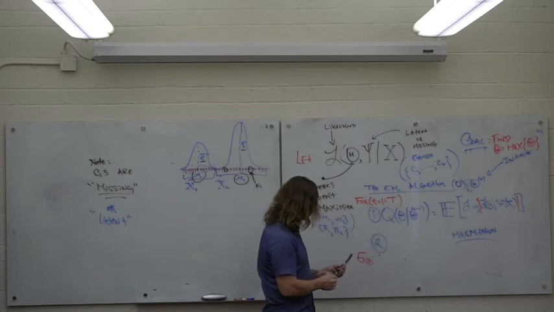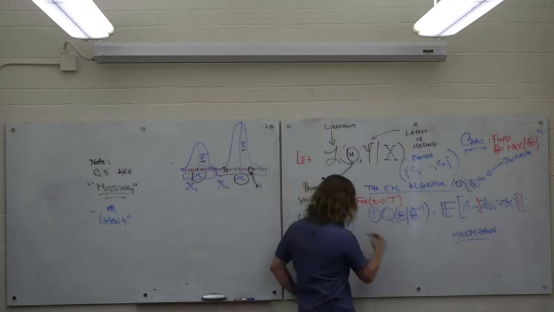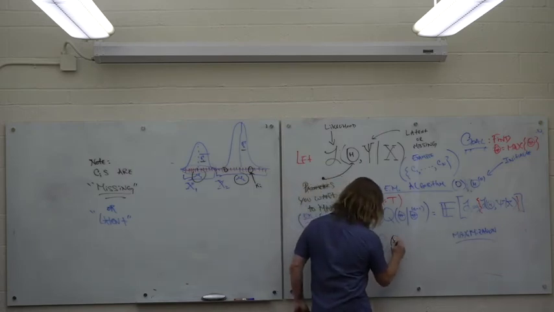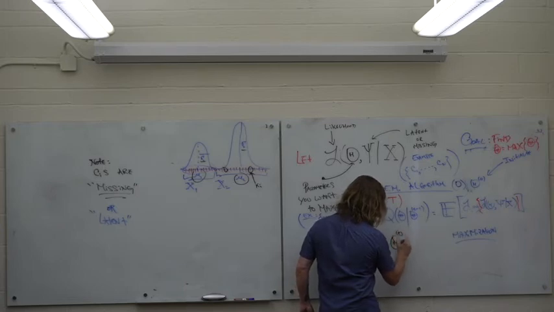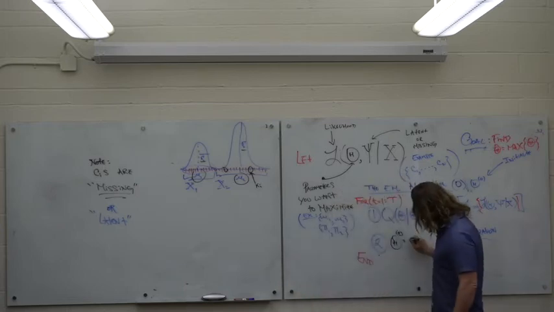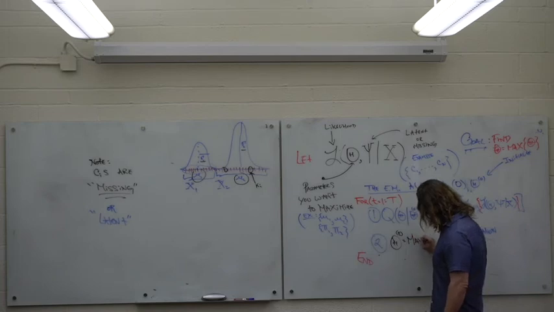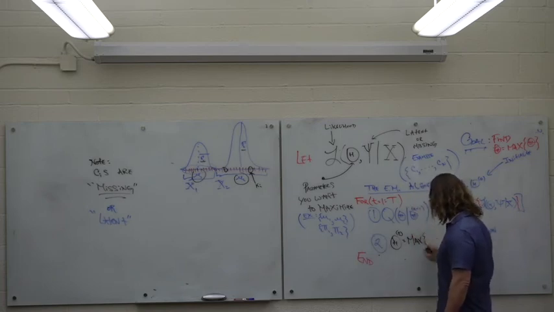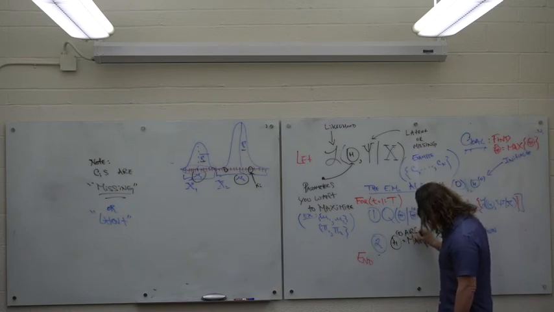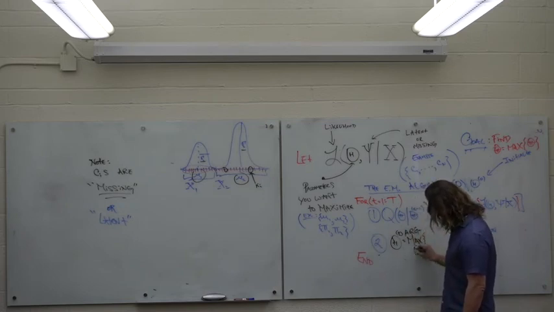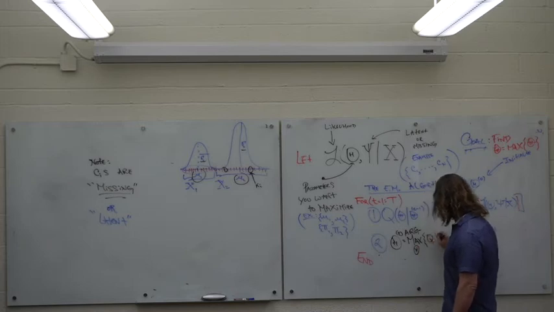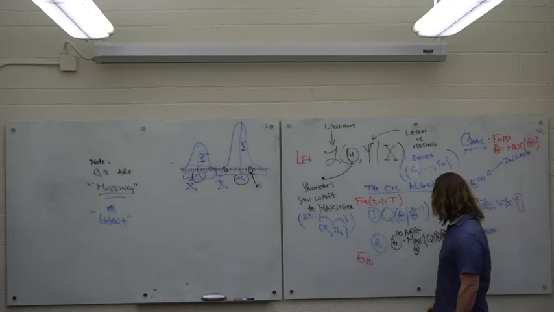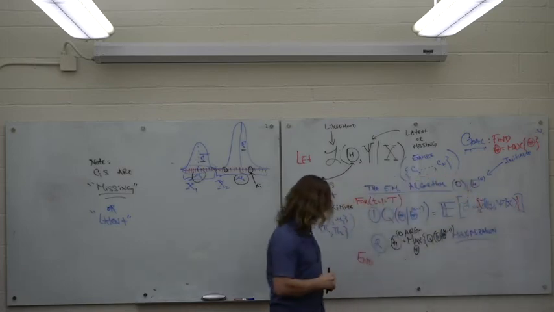But here's how the algorithm continues. It updates theta t by finding the maximum, I'll say arg maximum, over theta of q theta given theta t minus 1.